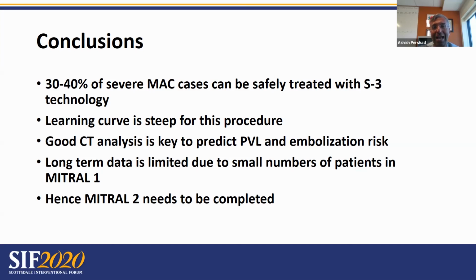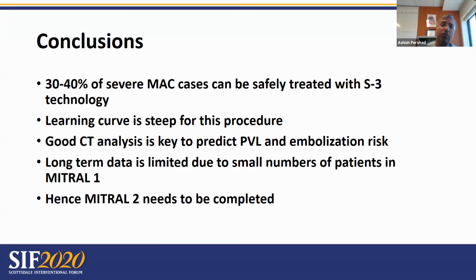We do turn down several cases based on the severity of how much MAC there is, as well as the absence of suitable management strategies for LVOT obstruction, either with LAMPOON and/or with alcohol septal ablation, which sometimes can be undertaken preemptively to increase the LVOT diameter and area prior to deployment.